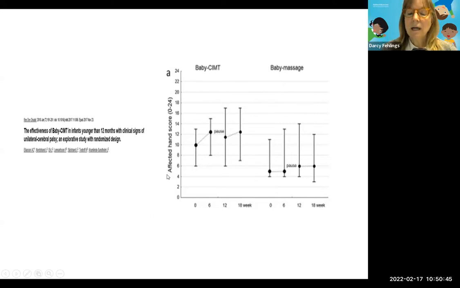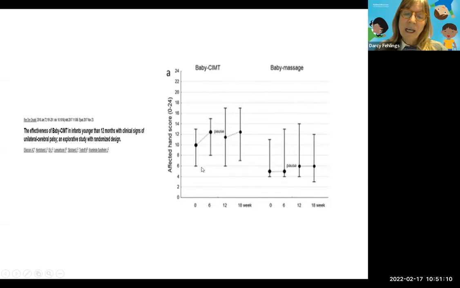And then they measured the affected hand score. And what they found is that children who received the baby constraint had improvements in their hand scores compared to children who received baby massage, who didn't change in terms of their hand scores.